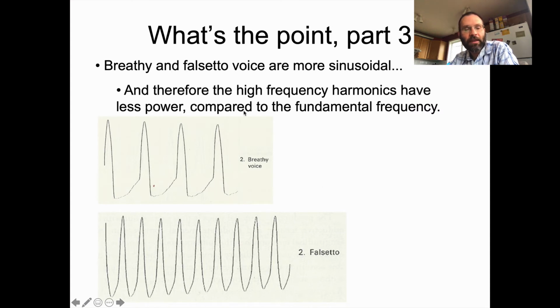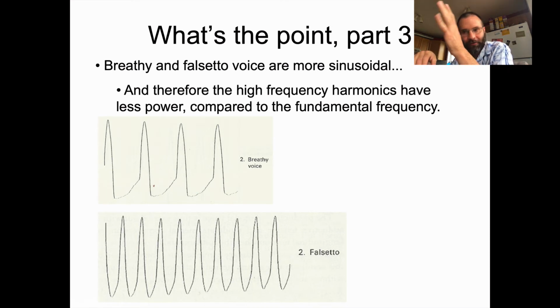So when we look at these, especially compared to tense voice, what we're going to see in their spectra is a lot of intensity in the lowest harmonic, which is the fundamental frequency of the wave, and then not much intensity in the higher frequency harmonics.